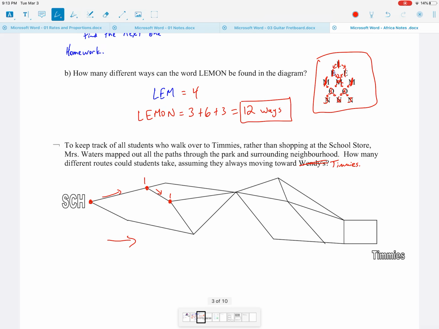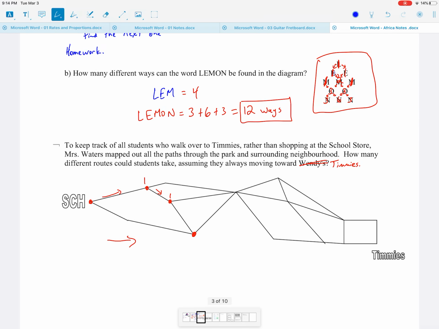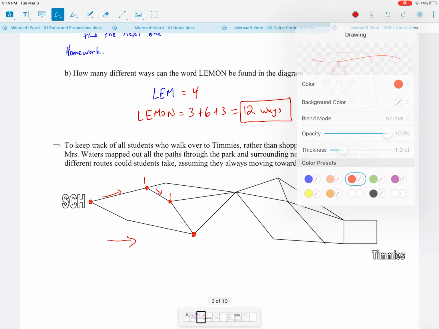Now, to get down to this next intersection, again moving left to right, you could have come up here, down here, and down there, because those are all moving towards, or you can go this way right there. So we can use all those paths to help us get there.